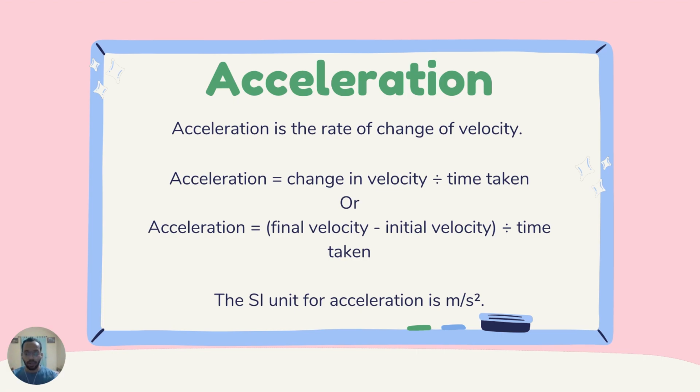Why is the second squared? That is because meter per second of velocity is divided by second, which is for time. So both the seconds are in the denominator, hence the seconds will be multiplied to be second squared.